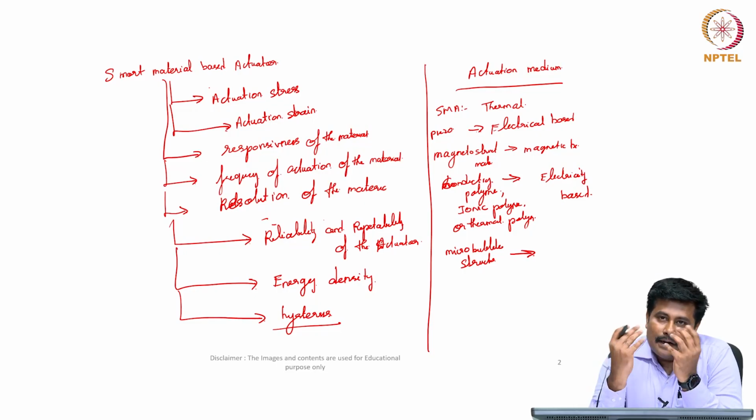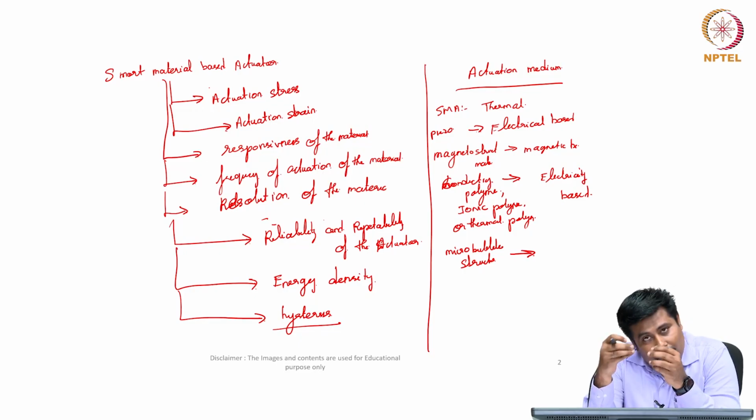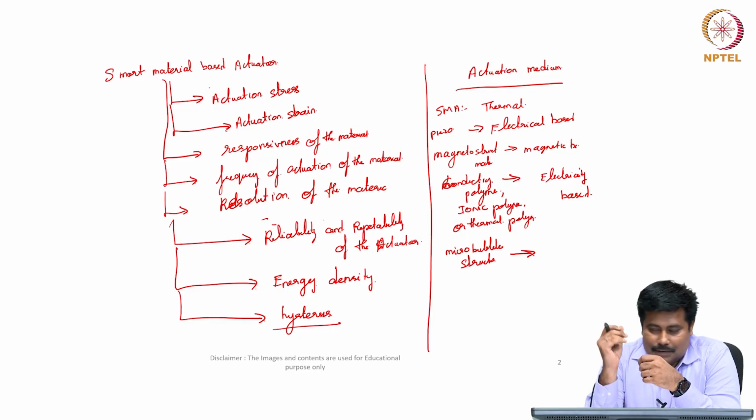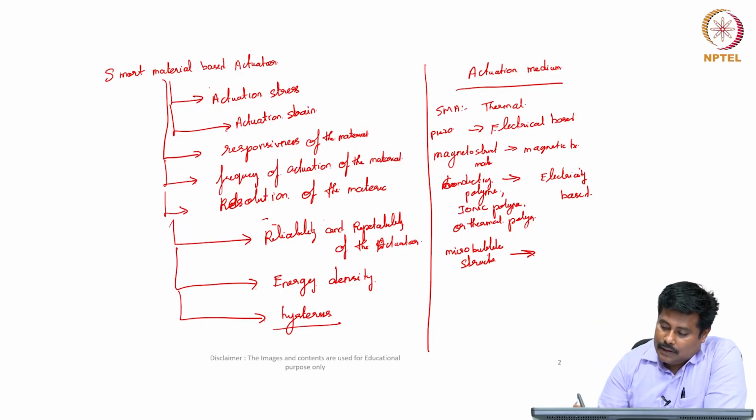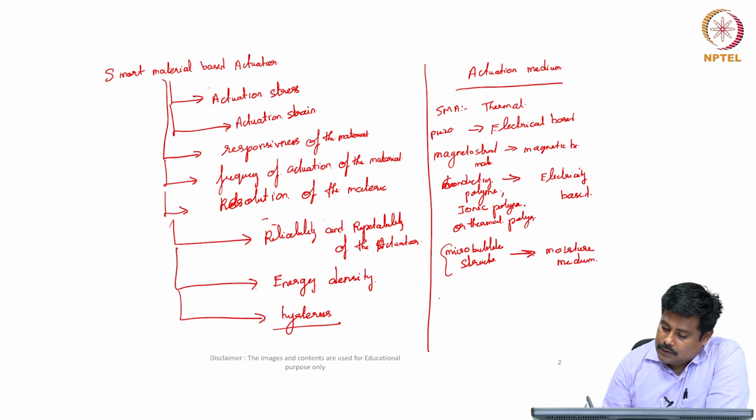These micro bubbles get enlarged and finally there is an increase in the density, and because of this the paper will try to fall into the liquid and it sinks. So, these are called microbubble structures, and the overall medium is the moisture medium.